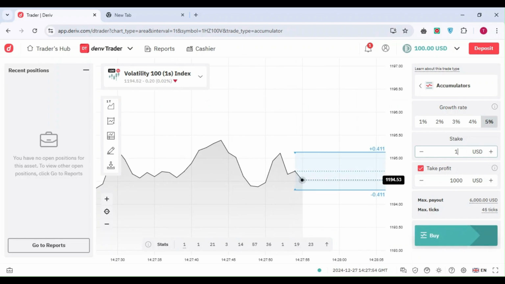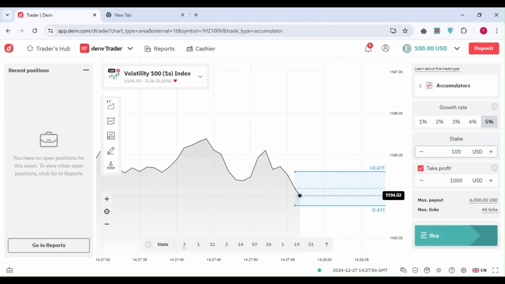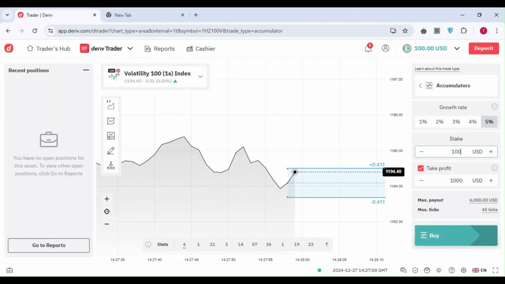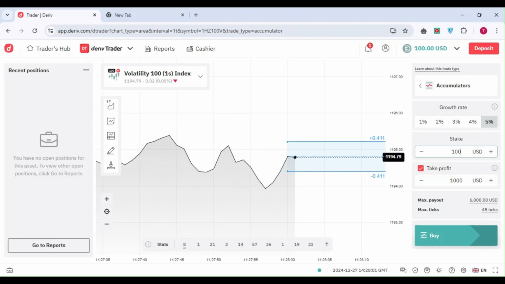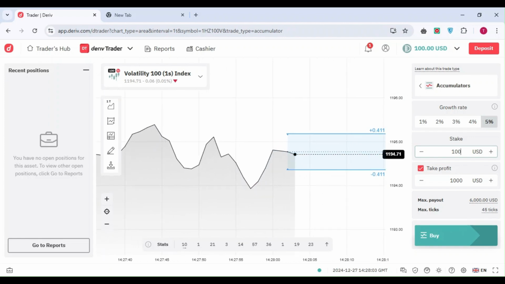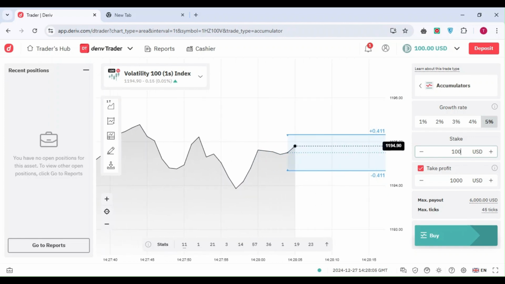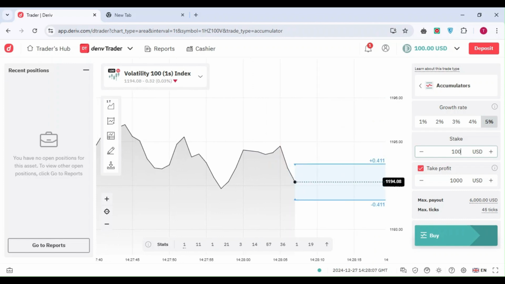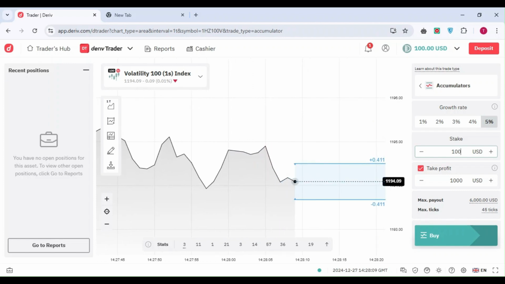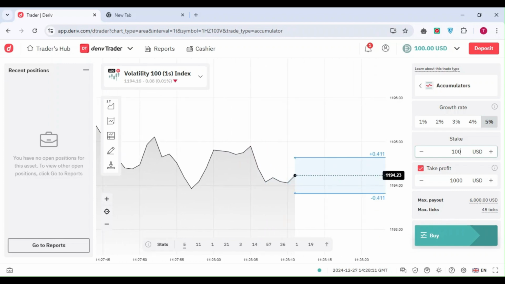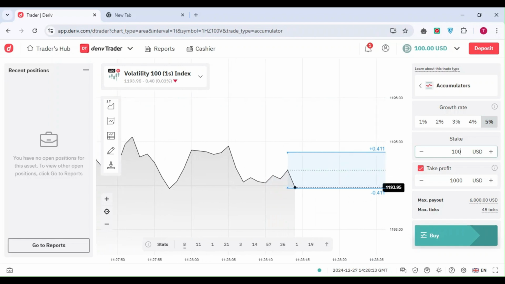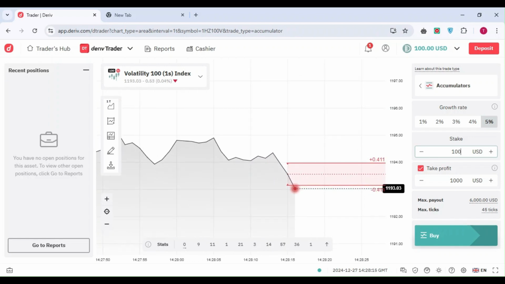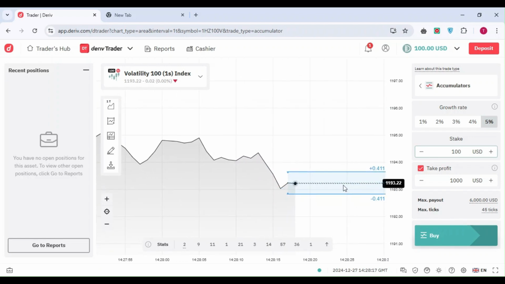So for example, let's say 100 USD. For the first trade, we are going to use the whole equity as the stake, so that we can have a greater chance of increasing our capital. So I'm going to wait for it to breach the range.